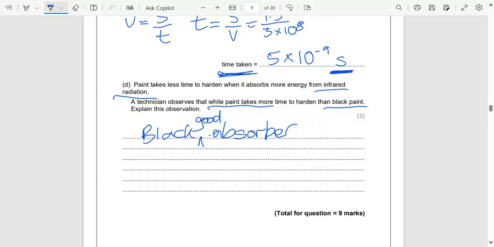We need to talk about black being a good absorber of heat, or you could talk about it being a good absorber of energy, because it's the heat or the energy that's going to allow the paint to dry and harden. Okay, all right, that's the end of question 3.